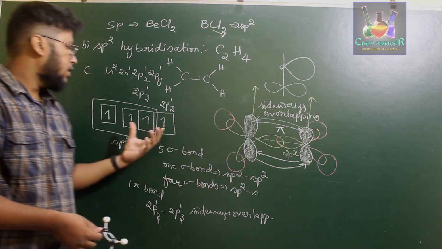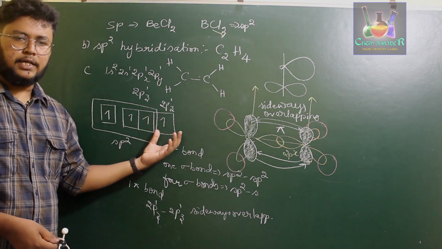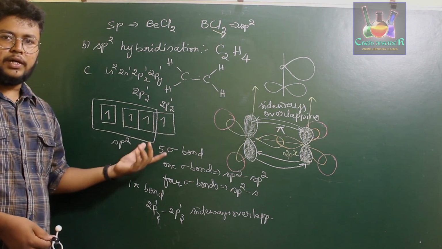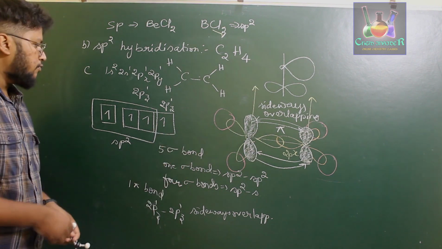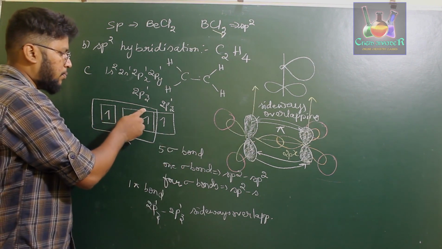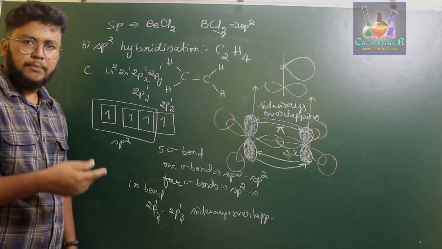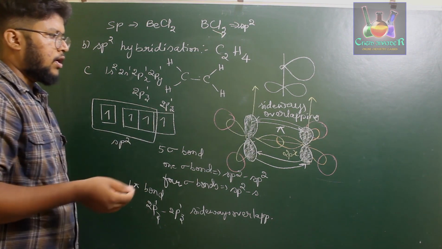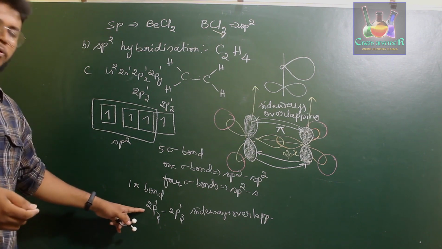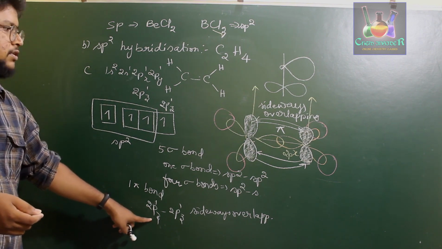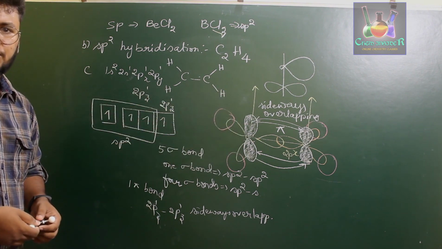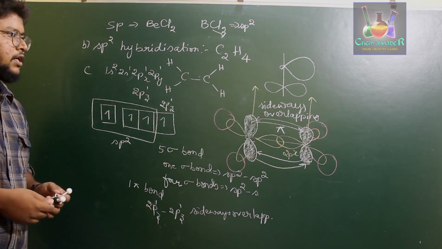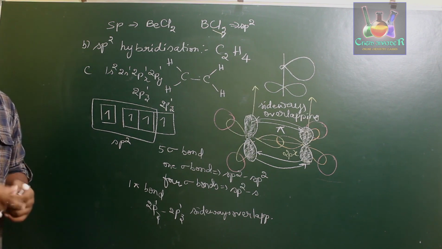It may be 2pz, 2px or 2py depending upon which orbitals you are considering. Whenever you mention this particular pi bond interaction, if you write z-axis, then indicate the z-axis in the hybridization also. That is very important for understanding the concept of sideways overlapping.